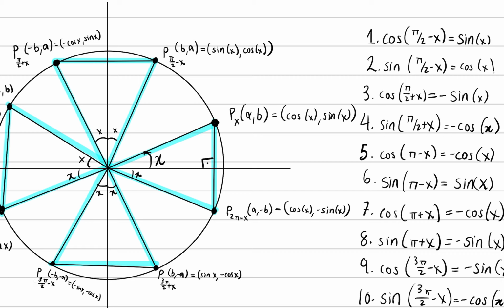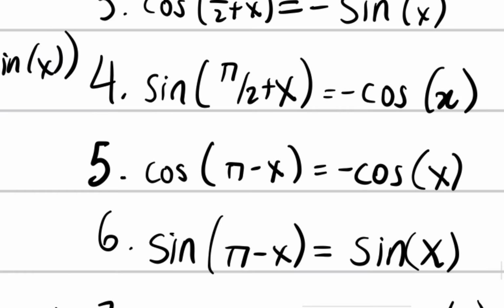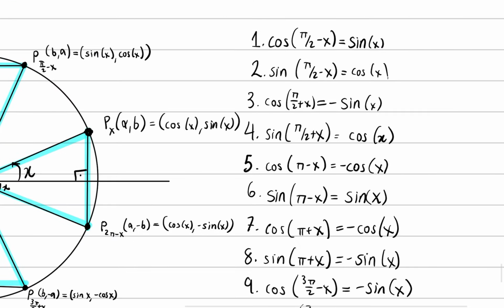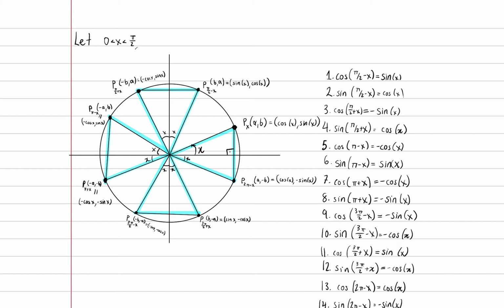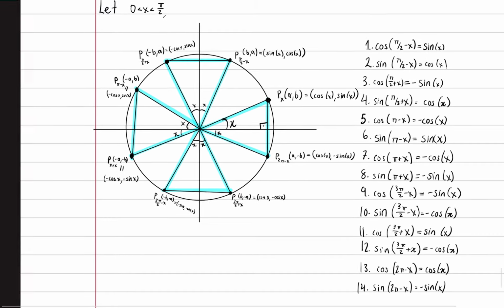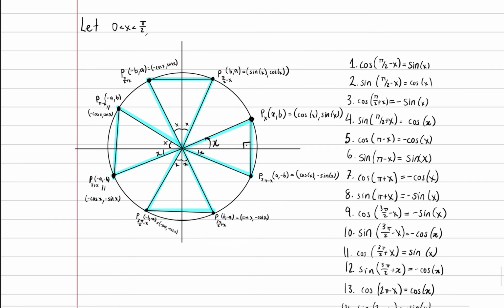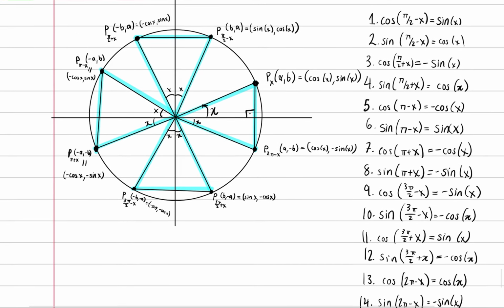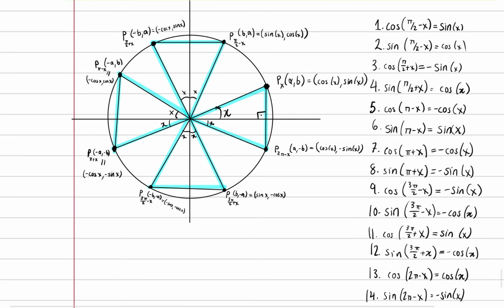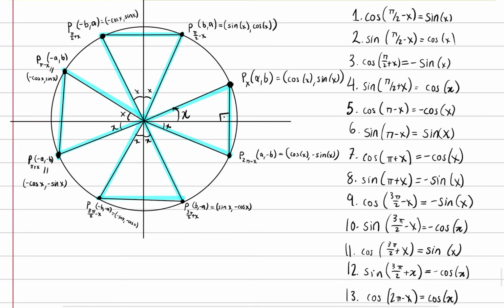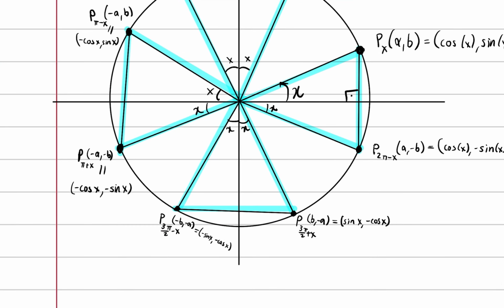I believe in that case, it is just positive cosine of x, if I'm not mistaken. So cosine of pi minus x is negative cosine of x because, well, this is pi minus x, right?